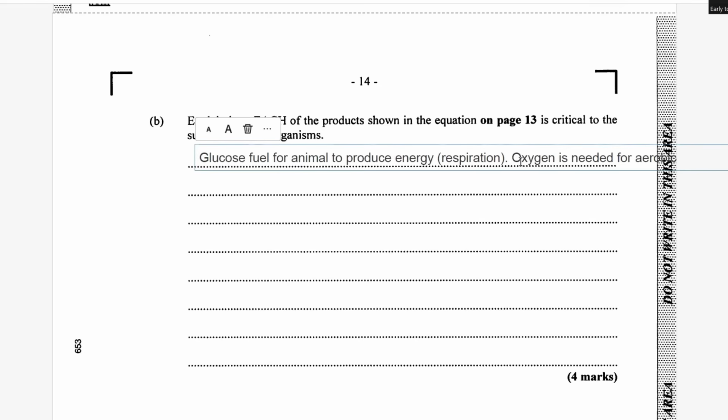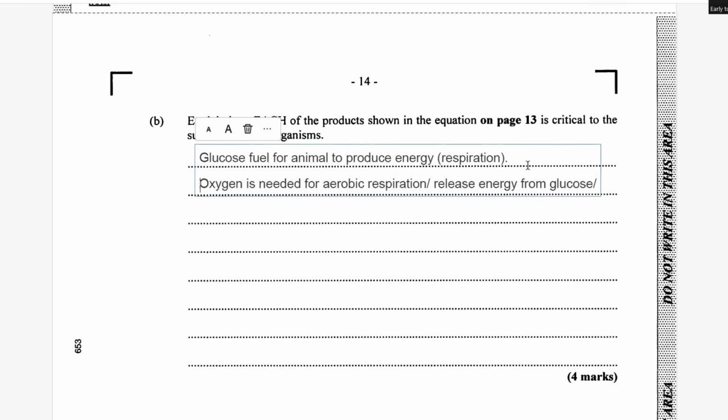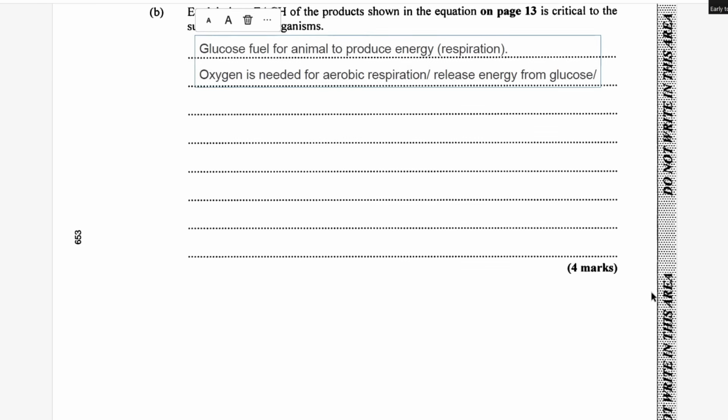Yeah, glucose is fuel for animals to produce energy. You know that is the fuel for respiration, aerobic respiration, anaerobic respiration as well. And oxygen is needed to complete the respiration. Yeah. So 4 marks. 4 marks if you explain this out. And they do give you space to write.